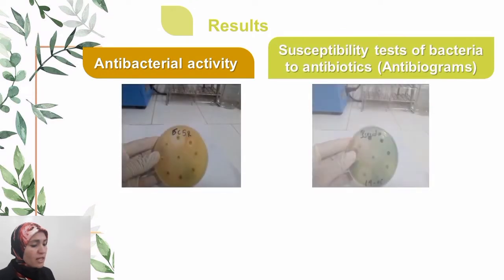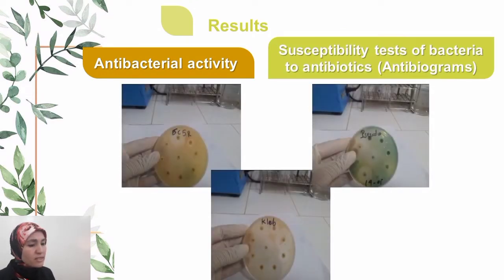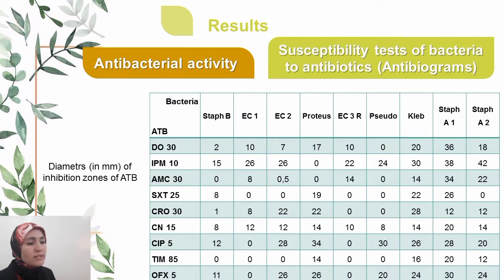For the antibacterial activity, we start by presenting the susceptibility test of bacteria to antibiotics, and the results are summarized in the following table, which presents the diameters of inhibition zones of antibiotics.